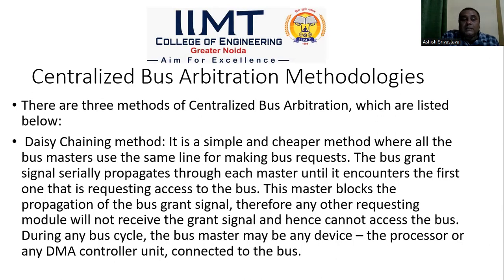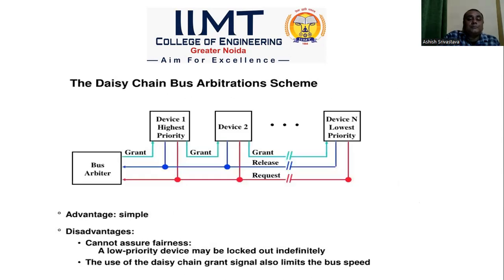This master blocks the propagation of the bus grant signal. Therefore, any other requesting module will not receive the grant signal and hence cannot access the bus. During any bus cycle, the bus master may be any device, the processor, or any DMA controller unit connected to the bus.